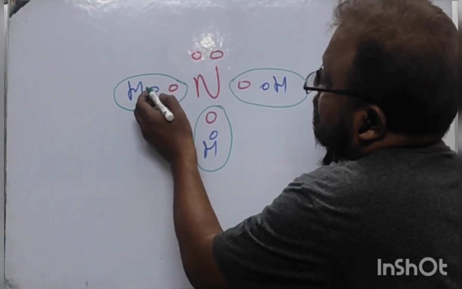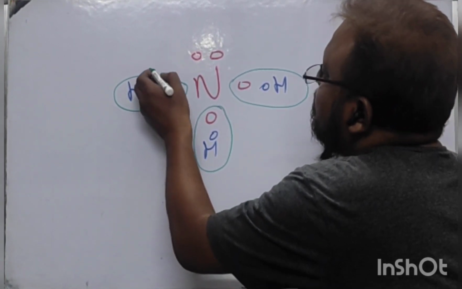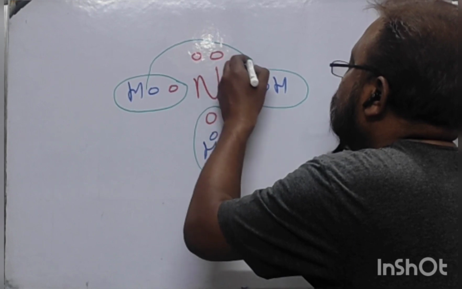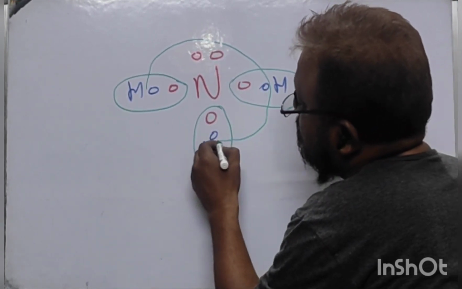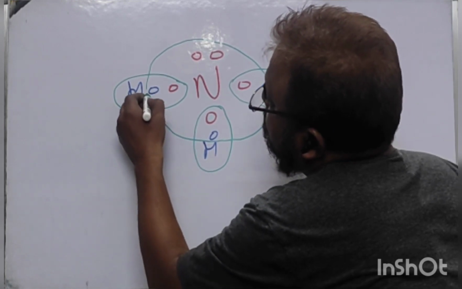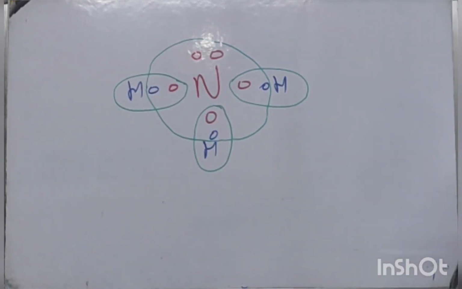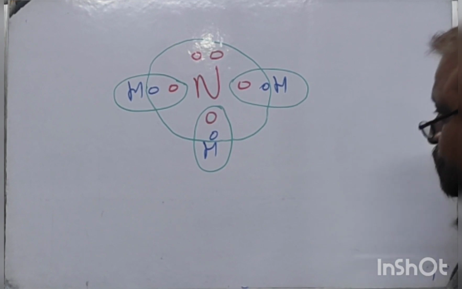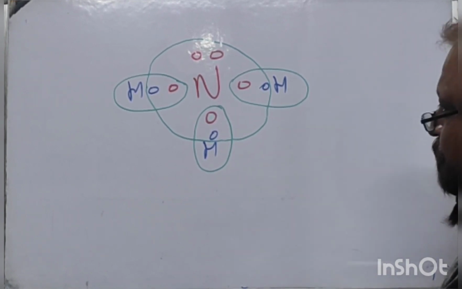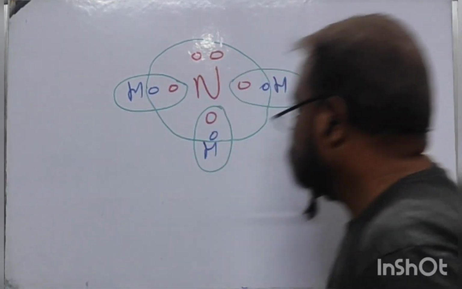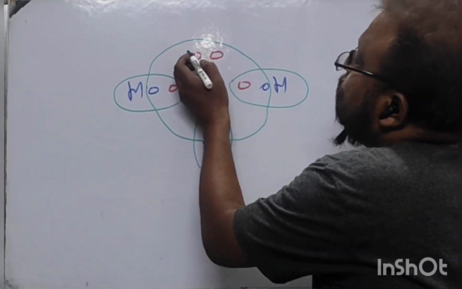And nitrogen takes one electron from each hydrogen atom and completes its duplet. Right? Now it has one lone pair.